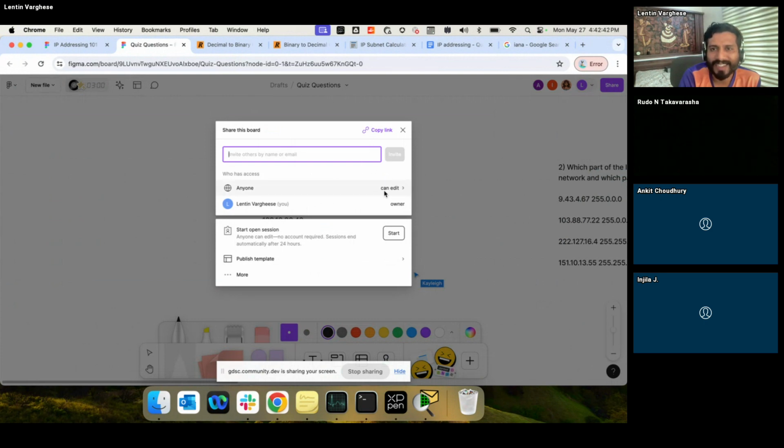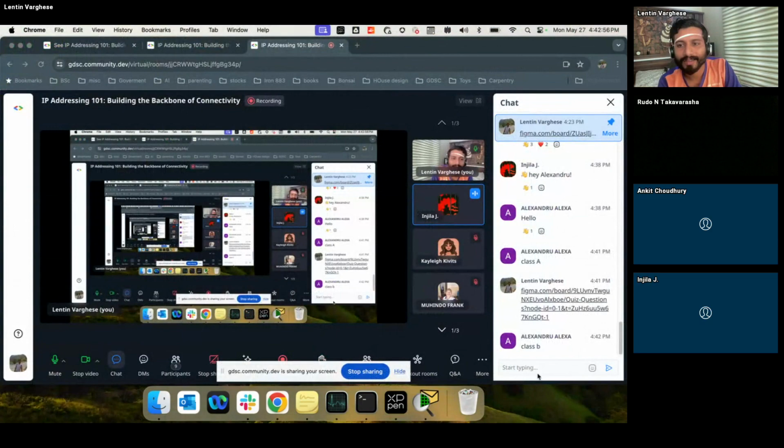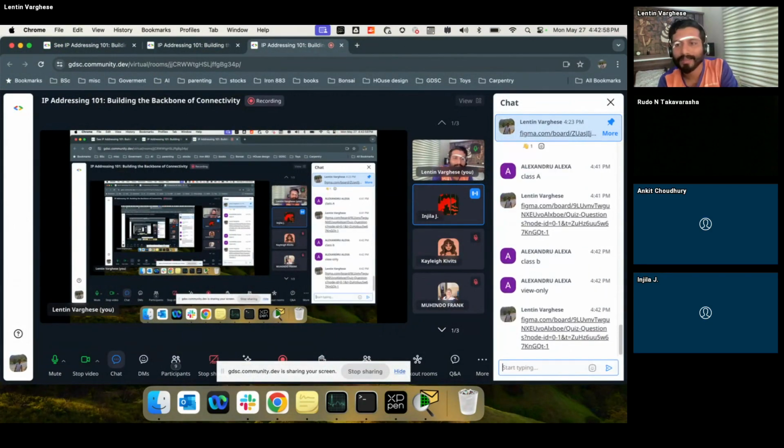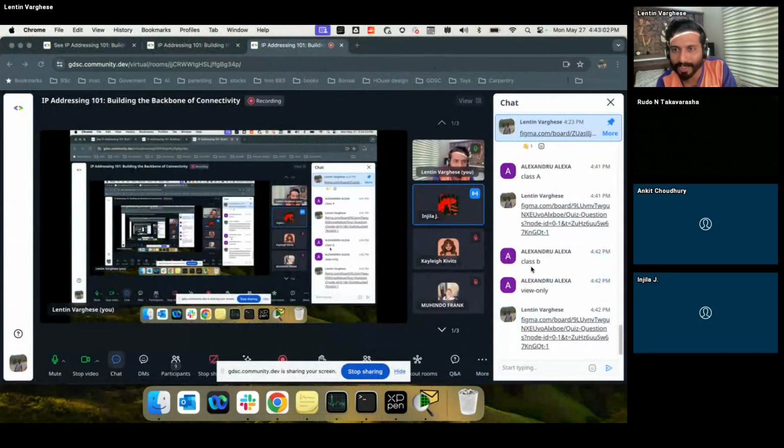Oh, damn. Okay, sorry. Share says can edit. I should copy the link, right? I think you shared it correctly, but it still doesn't let you edit. Maybe I'll reopen it. Maybe it's a me problem. Oh, I see someone else mentioning view only.